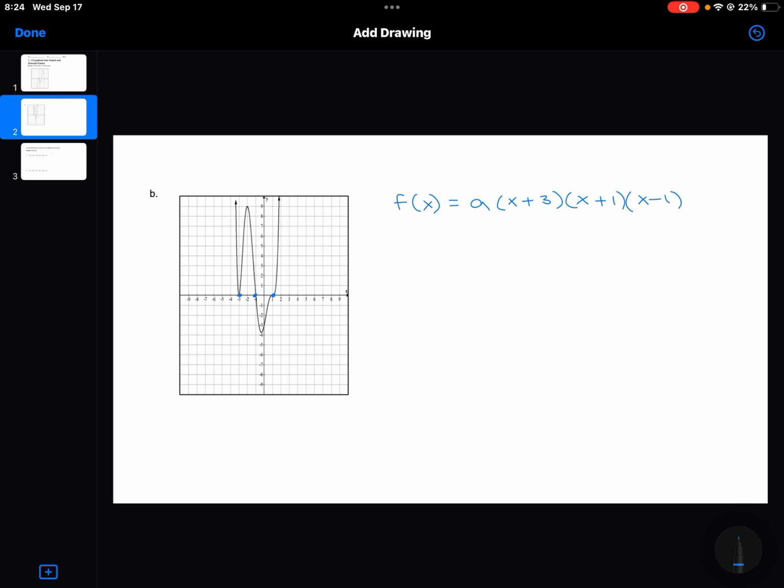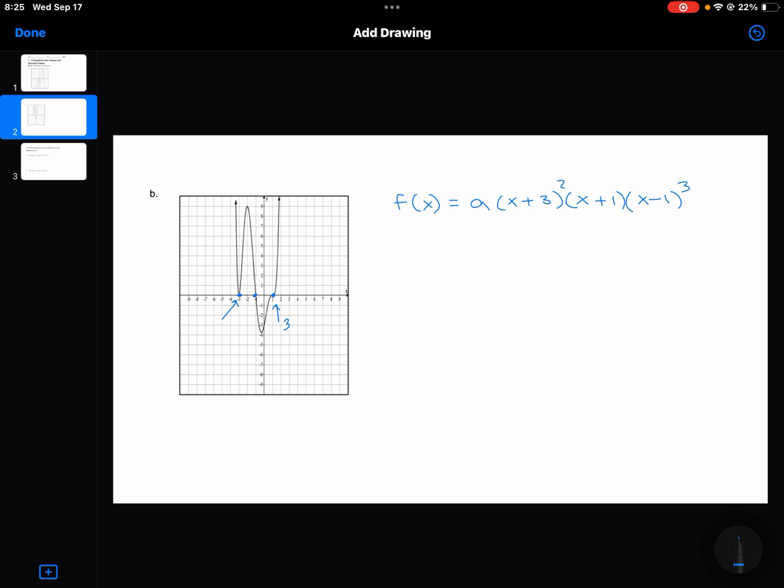In this one, I also have to check the multiplicities. So this one here is multiplicity 2 because it touches the graph but does not pass through. The second zero at -1 is multiplicity 1 because it goes straight through. And the last one, this one here, is multiplicity 3 because it goes through but doesn't behave like a line.